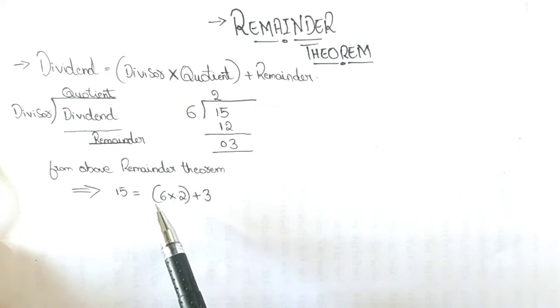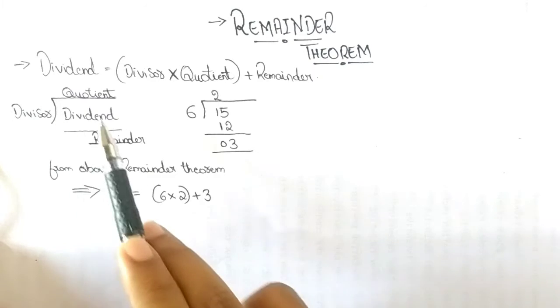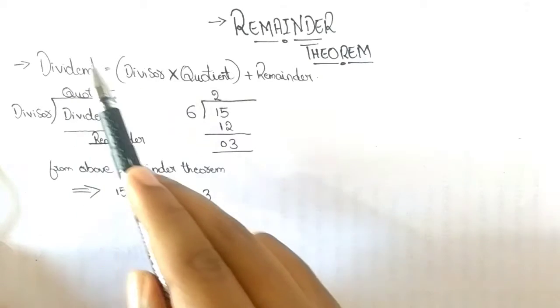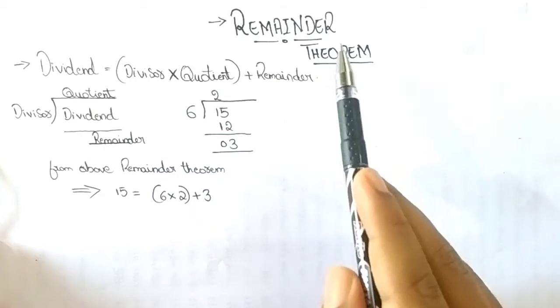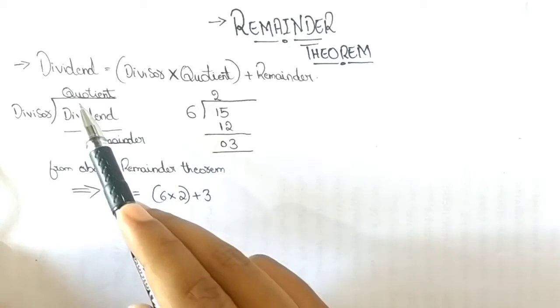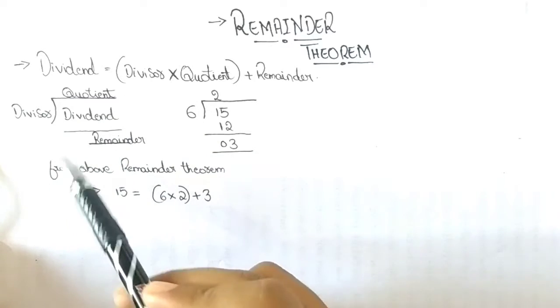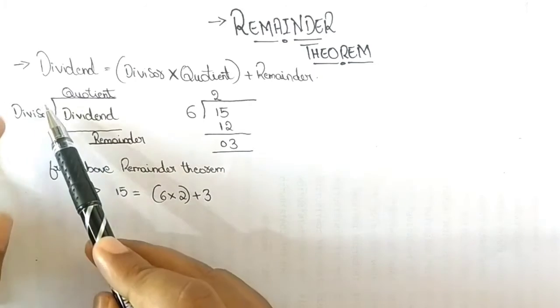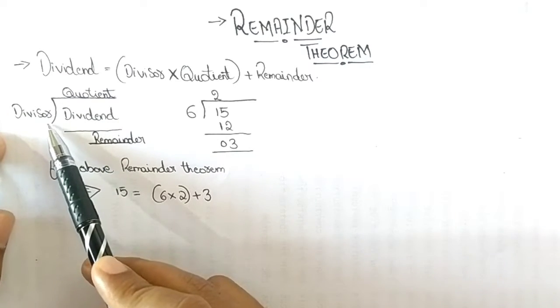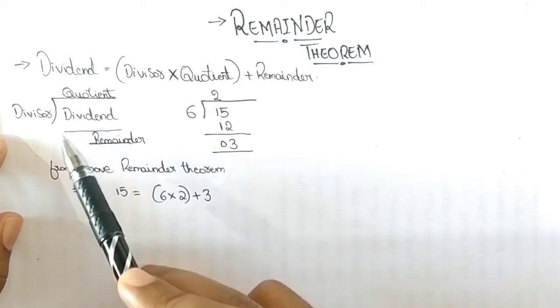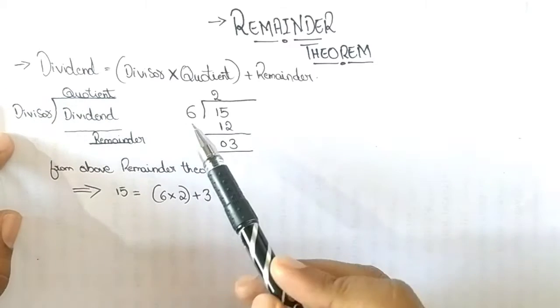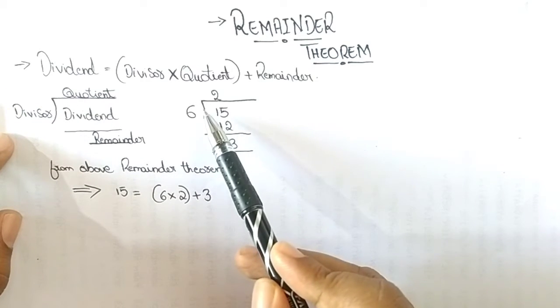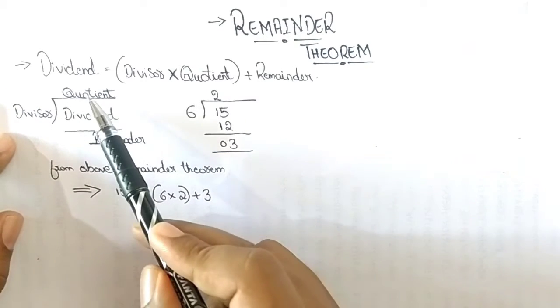so that this will be equal to the dividend. And to make you understand what is dividend, what is divisor, what is quotient and what is remainder, I have written this block diagram where you can compare. You can see the divisor is written in this position on the process of dividing. The 6 is the divisor.